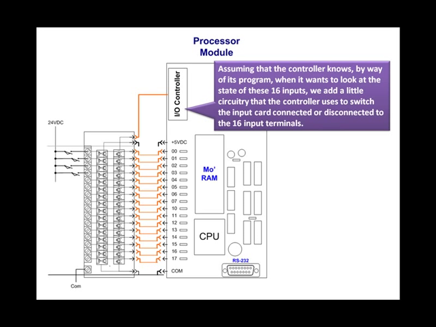How might we have multiple input circuit cards like this one, each with 16 inputs, wired to the same 16 input screw terminals without one set of inputs interfering with any other set of inputs? Remember, the controller knows when it wants to look at that card, and by way of the I/O controller, it activates that card, switching it into the input terminals.